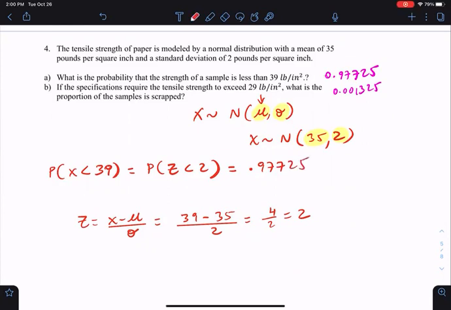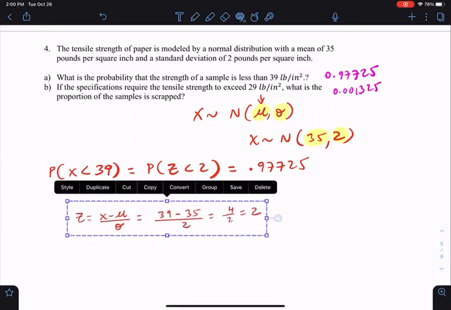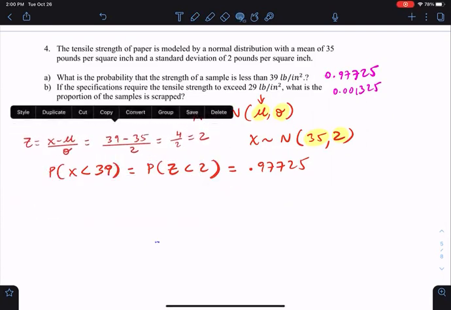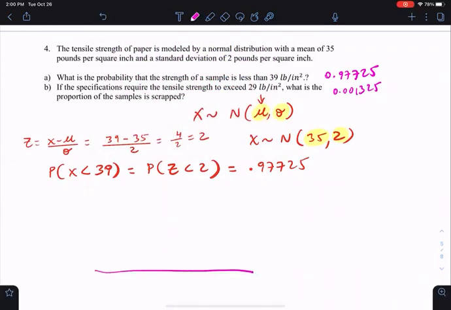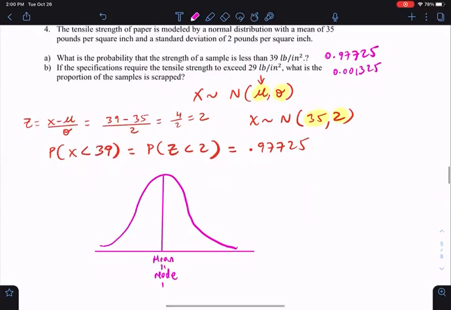Intuitively, you can find this area too. You know that the distribution is normal. So what are the properties of a normal distribution? You have to remember that. The mean equals the mode equals the median.